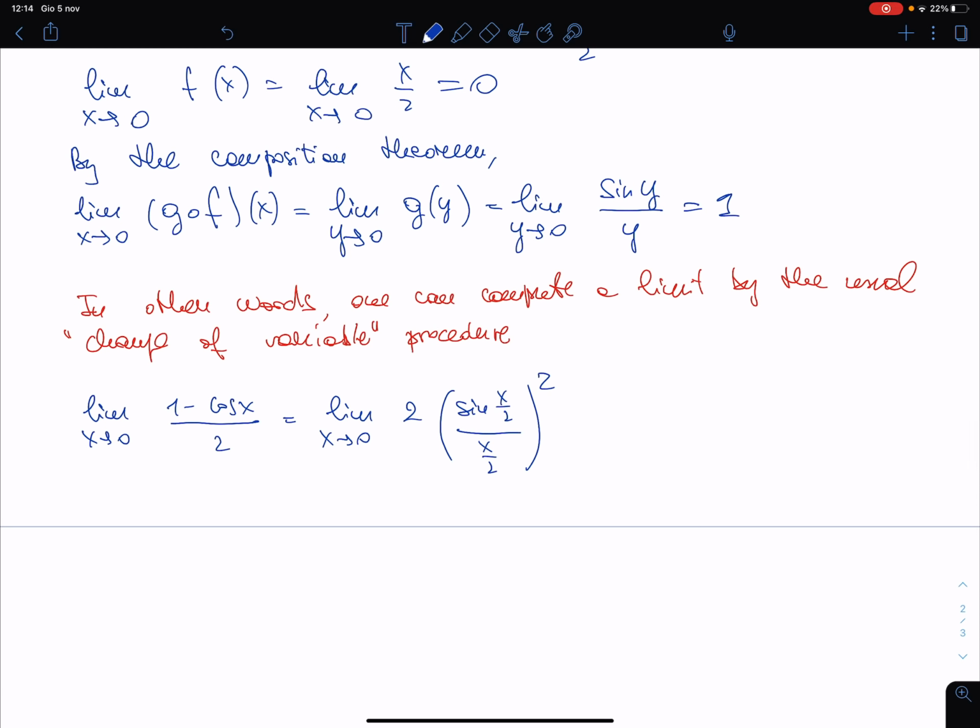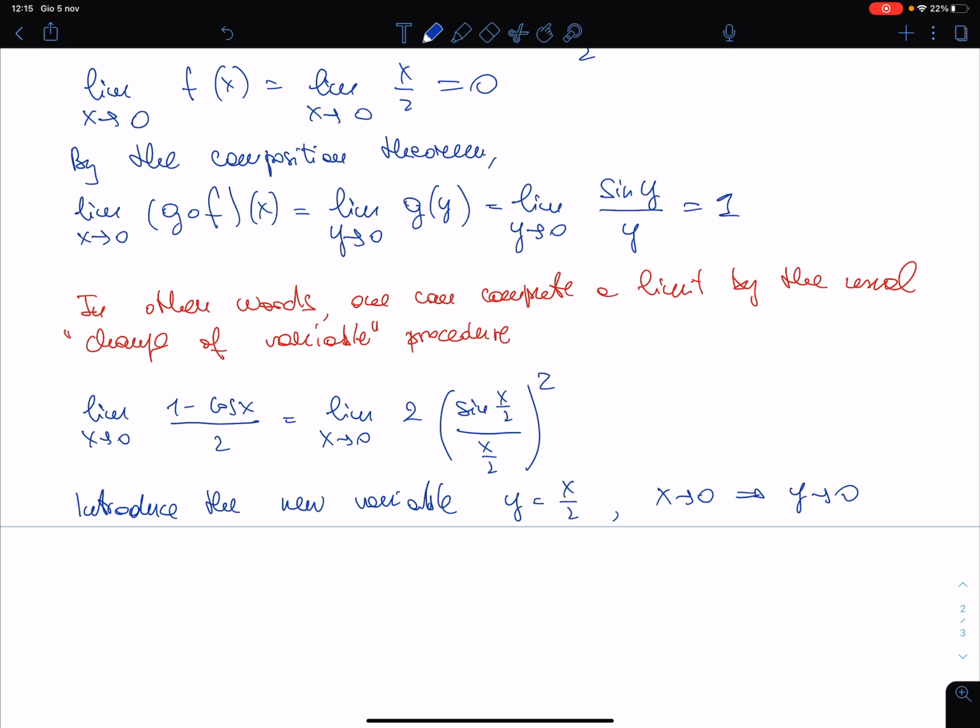Then we introduce the new variable y equal to x over 2, and we know that if x goes to 0, then also y goes to 0.